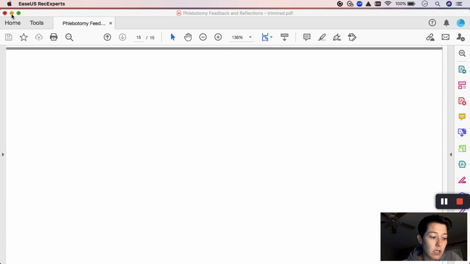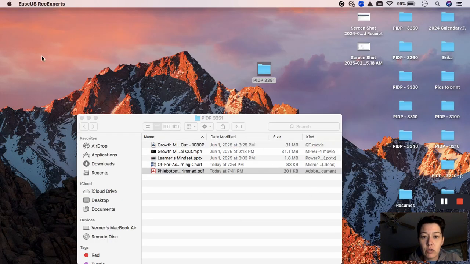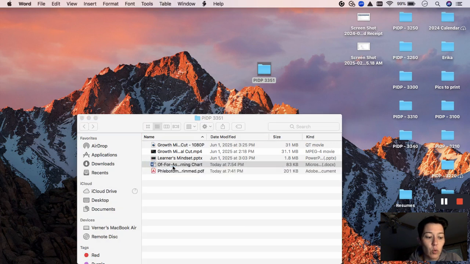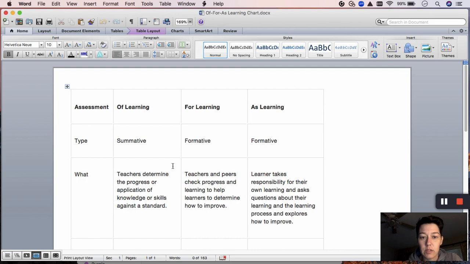A couple other things that I want to mention is that I think it's really important to find the balance between assessment of, for, and as. I think all 3 are really important. And so I had mentioned earlier that this sort of fits into the for and as categories for me.